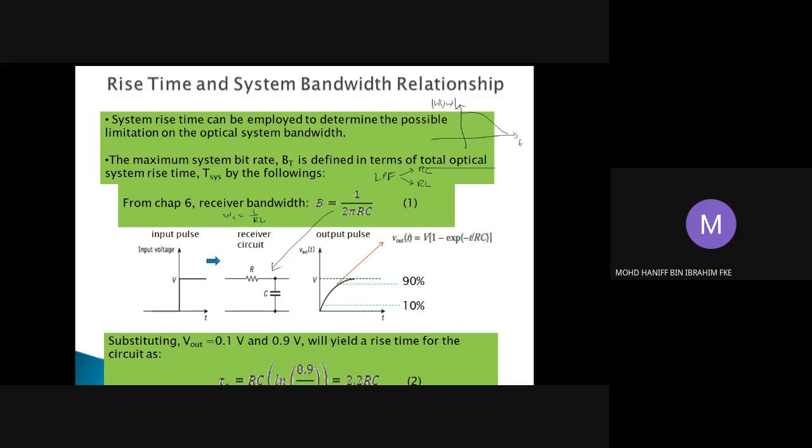I just want you to relate the things that we have learned last time with these topics here. So this will be your 1 over RC, and that should be your negative 3 dB point, which is what we call the cutoff frequency.